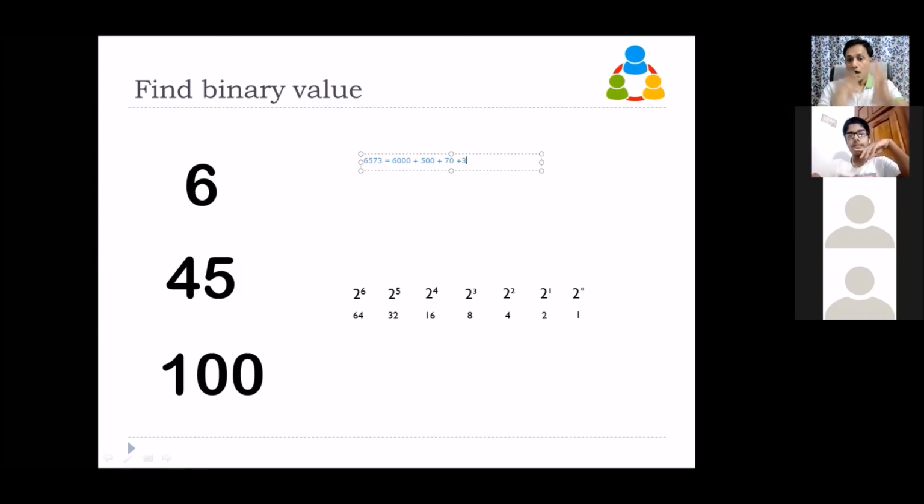So how do we add this? We make a method. We write this 500 below, its 5 below its position, 0 below its position, 7 below its position.